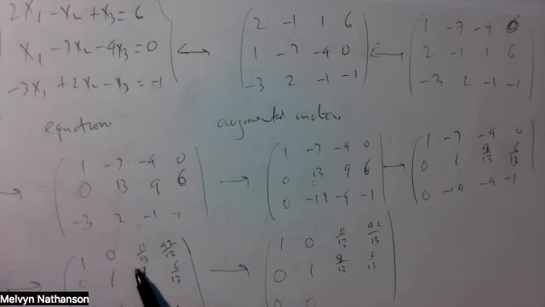So here I have 1, 0, 11 over 13, 42 over 13. 0, 1, 9 over 13, 6 over 13. And 0 minus 19.